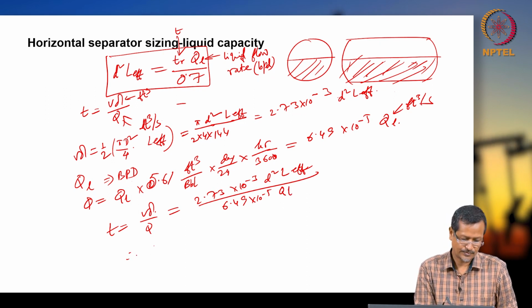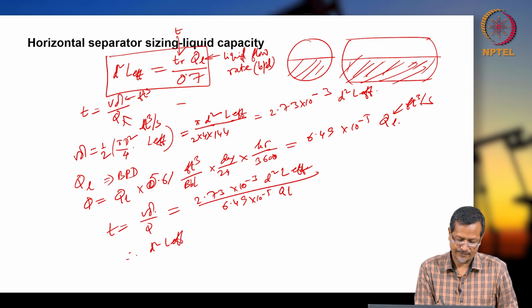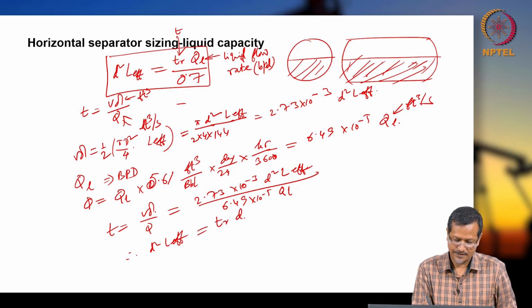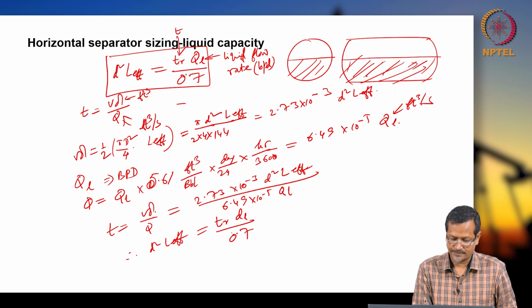So this will give finally d square L effective equals TR QL over 0.7.